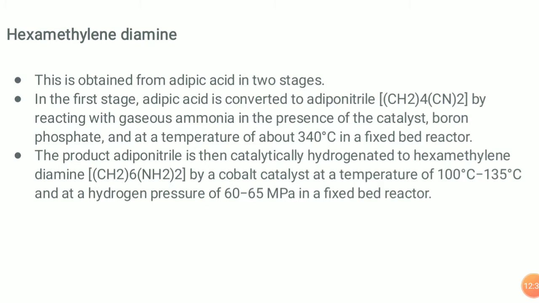So whatever adipic acid we get is converted into adiponitrile by reacting with gaseous ammonia in the presence of a boron phosphate catalyst at a temperature of about 340 degrees Celsius in a fixed bed reactor. The adiponitrile is then catalytically hydrogenated to hexamethylene diamine with a cobalt catalyst at a temperature of 100 to 135 degrees Celsius and hydrogen pressure of 60 to 65 megapascal in a fixed bed reactor.